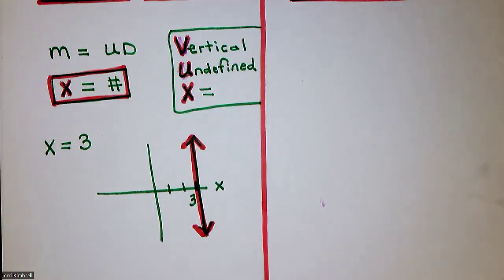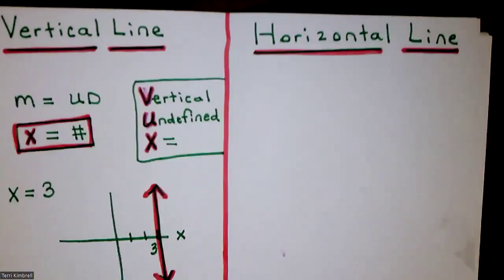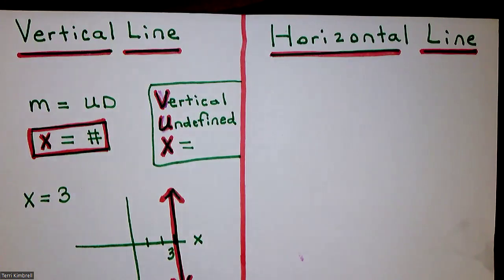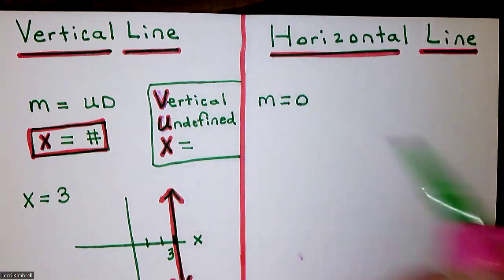Okay, so anytime you have just an x equals, it's a vertical line. Okay, and when you think about that, when we've talked about this before, you can't walk that line. So this means that it would be undefined, not possible to walk that line. Okay, then the other line, which is the horizontal line, this has a slope of 0.